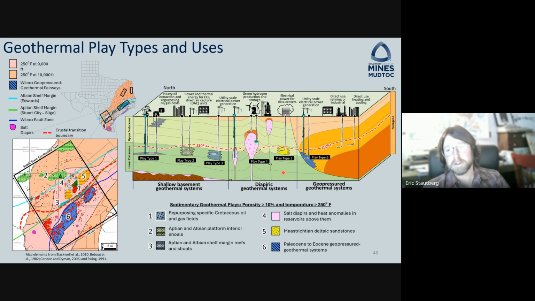Electrical power for data centers is a big thing that's popped up in the past year or two with AI, cloud data, everything like that. That requires a ton of energy. And then, of course, direct uses, just heating and cooling in residential, commercial, and industrial applications, or especially here in Texas, in the refining or any other industrial applications.